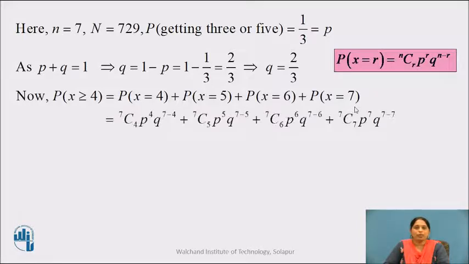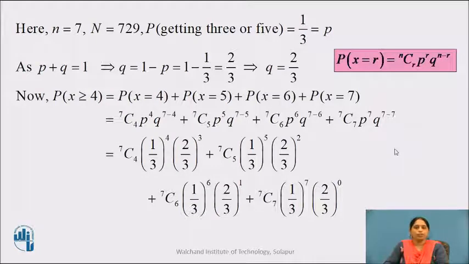Writing it using the formula, we can write it as 7C4 p raised to 4 q raised to 7 minus 4 plus 7C5 p raised to 5 q raised to 7 minus 5 plus 7C6 p raised to 6 q raised to 7 minus 6 plus 7C7 p raised to 7 q raised to 7 minus 7.